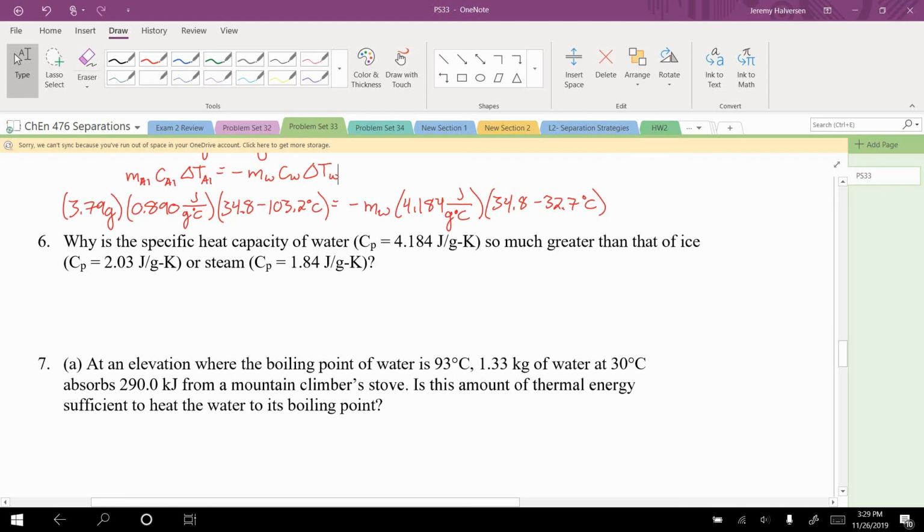As you're melting something, you put in heat and it's just absorbed into those bonds. That's why it doesn't change temperature. But even when it isn't phase changing, just changing the temperature of water, it's got a lot of hydrogen bonds that can grab and hold on to that energy. Let me see if there's anything I'm missing here.